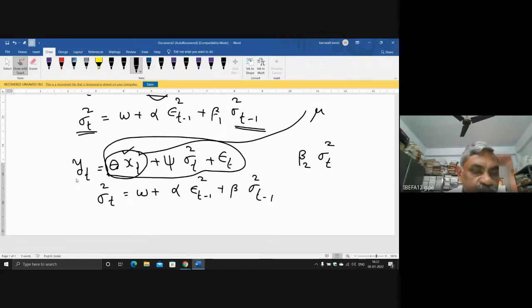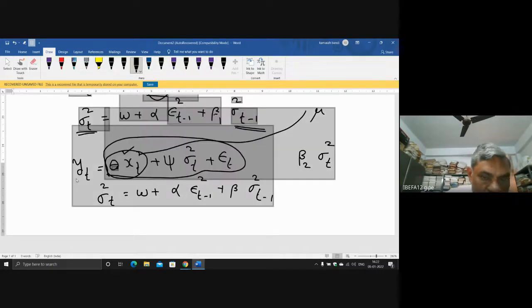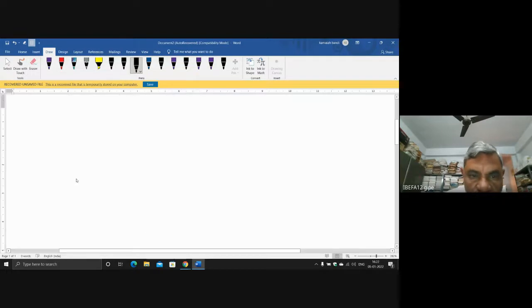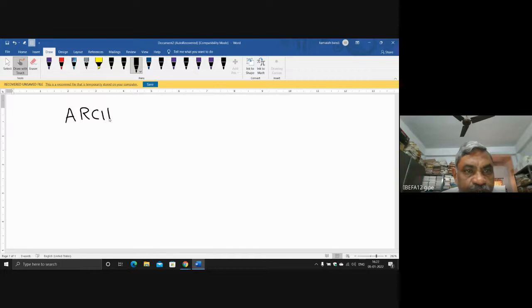And the last model that we are discussing today is arch in mean. Earlier, what we discussed was Garch in mean.